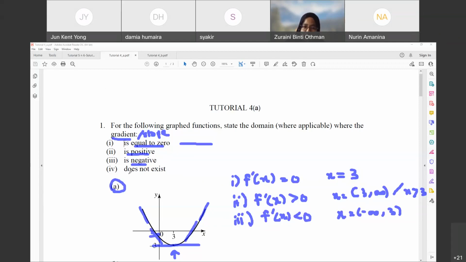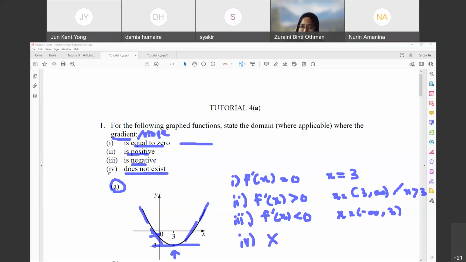And is there any point that x does not exist here? Number 4? Ada tak? Tak ada kan?